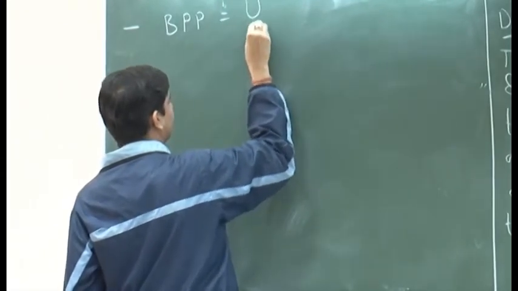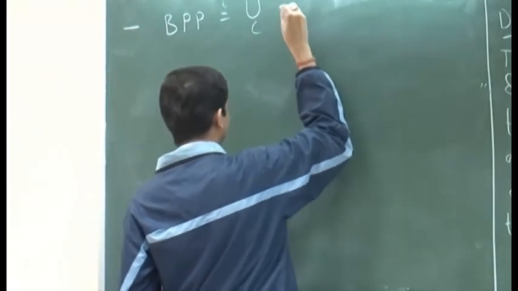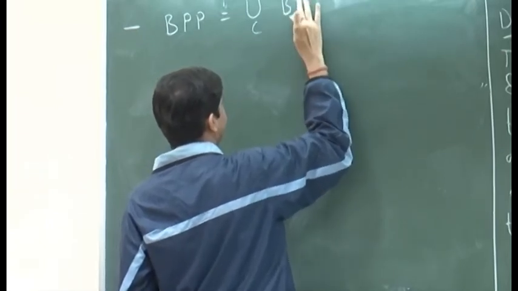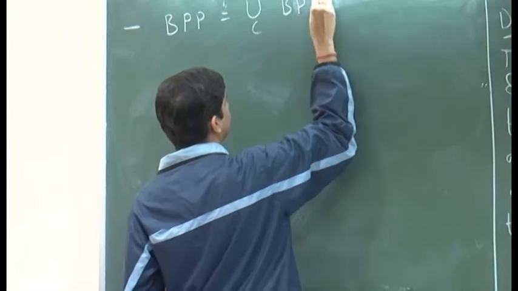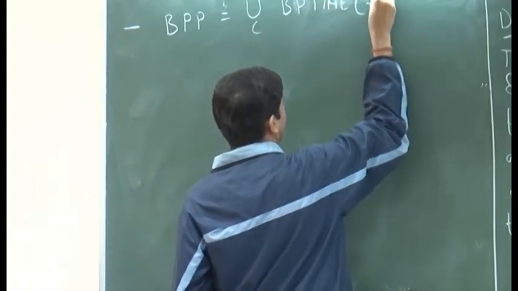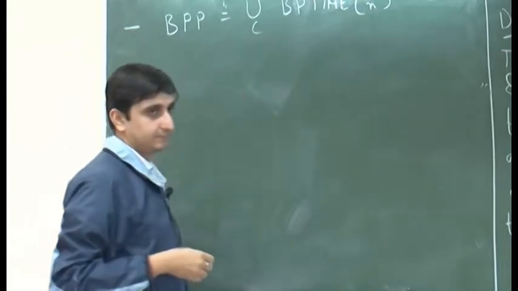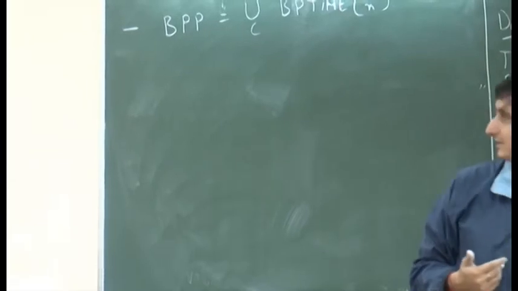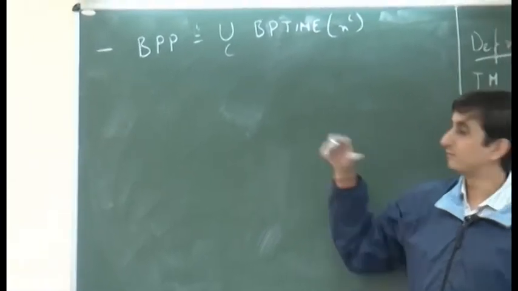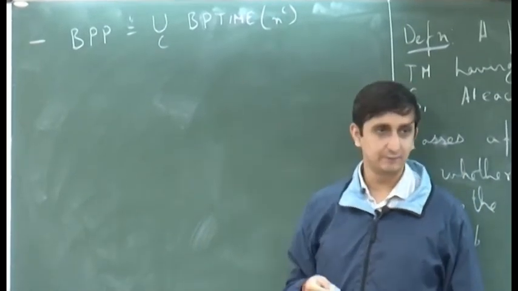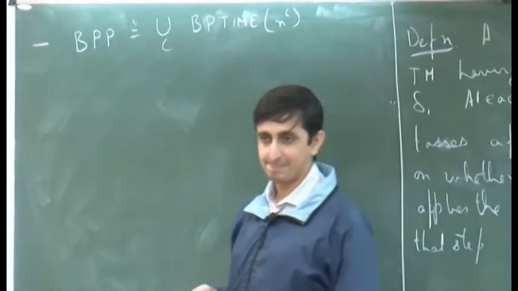So, it is the union over all c of the classes BPTIME(n to the power c). So, we look at probabilistic Turing machines that run in polynomial time for some polynomial, and we look at the languages that are accepted by them.